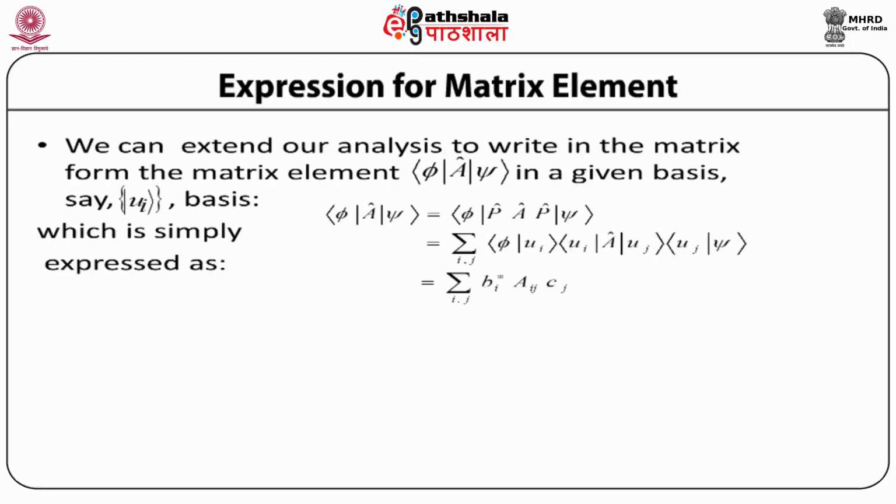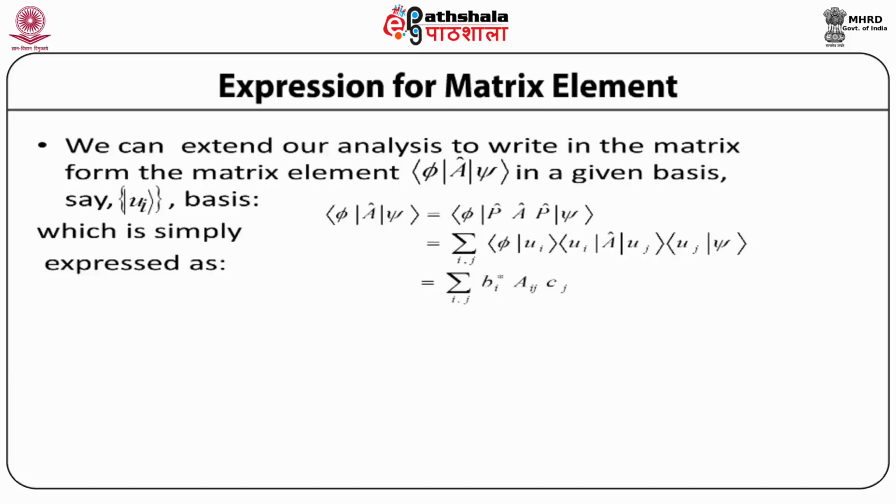And thus we finally have ⟨φ|A|ψ⟩ = Σ_ij b_i* a_ij c_j, where b_i* are the row matrix, a_ij is a square matrix, and c_j is a column matrix, and this can be represented mathematically by the equation ⟨φ|A|ψ⟩ equal to row matrix b_1*, b_2*, and so on, b_i*, and so on.